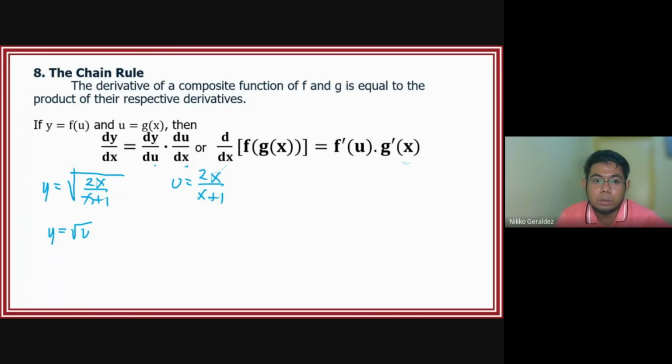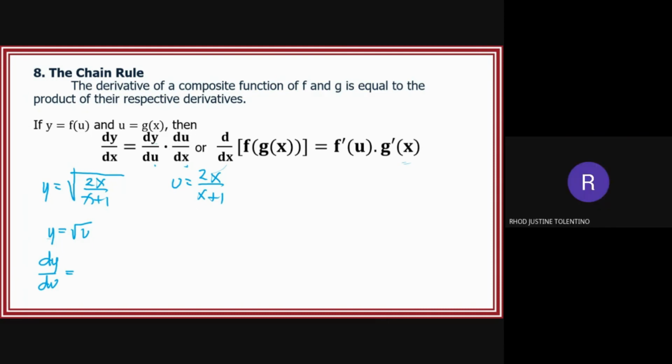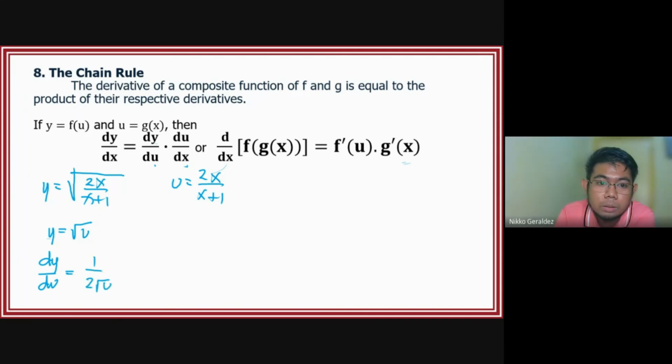So, kunin mo derivative nito. Derivative of y with respect to u, that is derivative of square root of u. Ano derivative ng square root of u? Ano po? 1 over 2 square root of u.